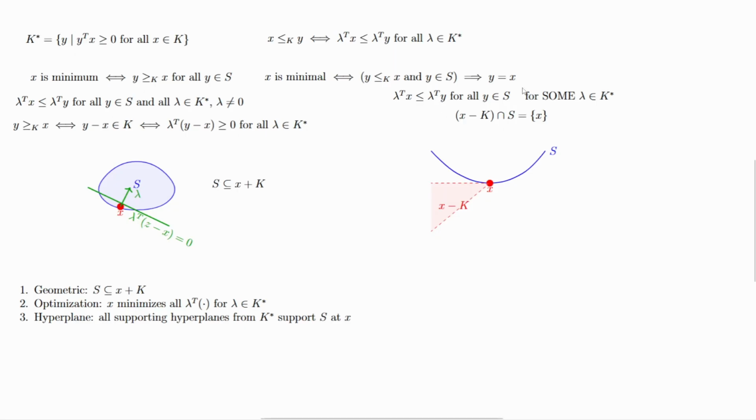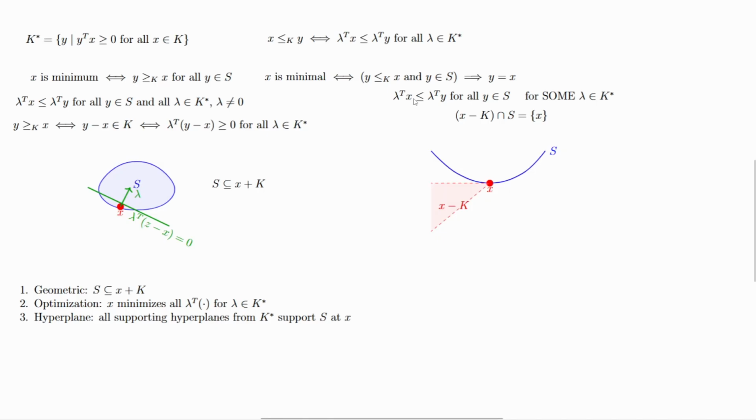And we also require that lambda is not equal to 0, similarly as the minimum element. So notice that this word is the only difference, really, between the definitions, some lambda and all lambda here.